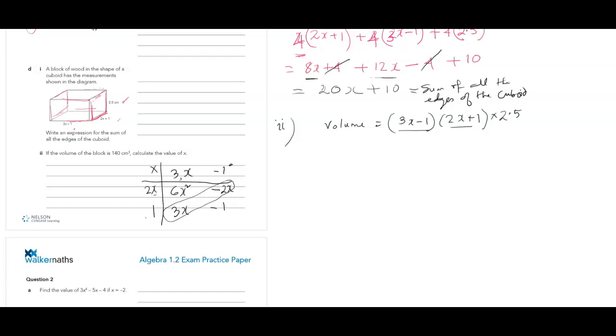If I add them together, that gives you only x, so a simplified version will be 6x squared plus x minus 1, and should be multiplied by 2.5.